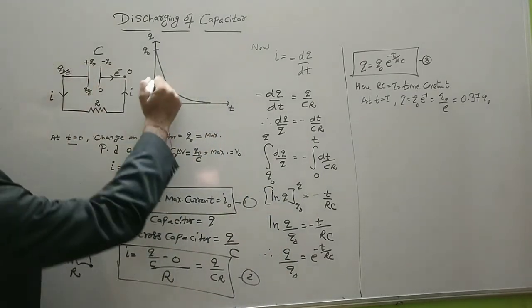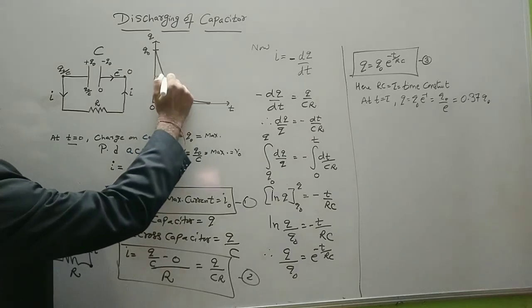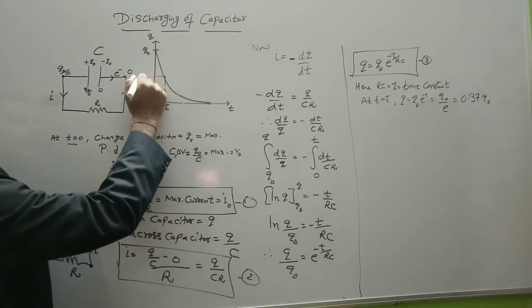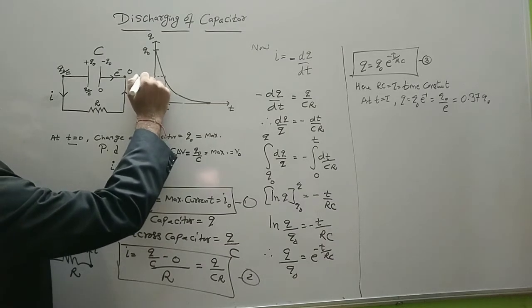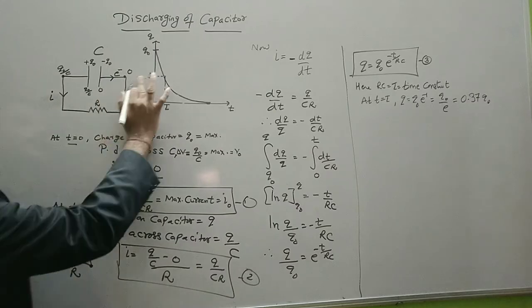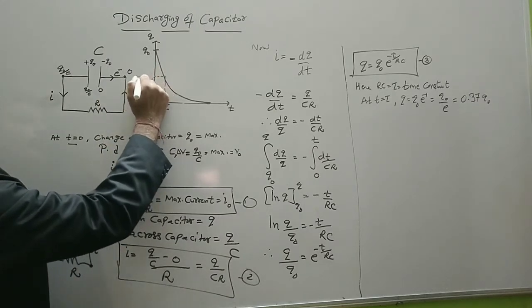So at this time, suppose this is tau, then this value comes out to be 0.37 q naught.